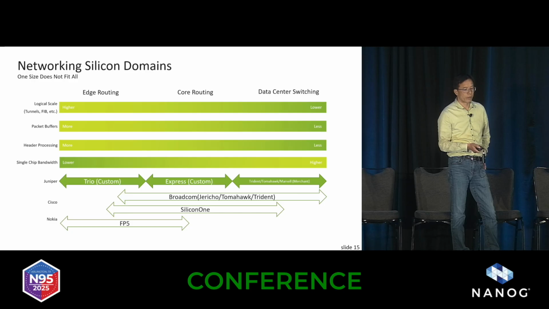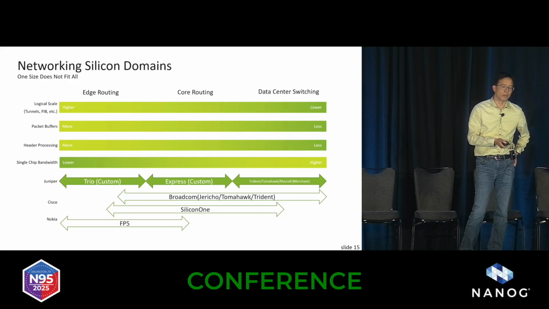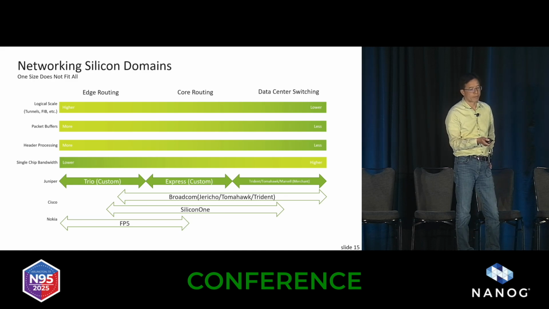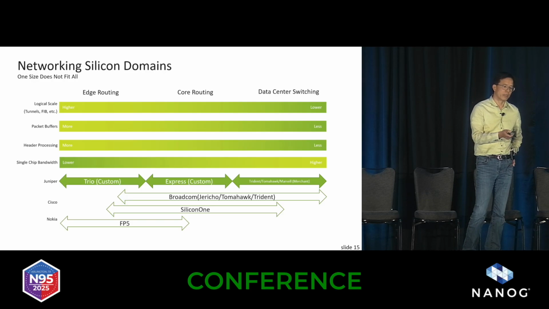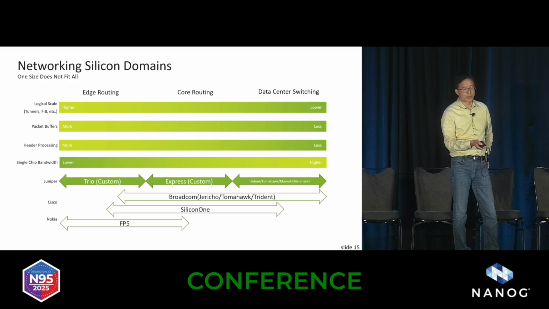So here I put a few silicons which I think are the well-known ones in the industry. Trio, which is Juniper's MX series, is based on the Trio silicon, and usually it covers the edge routing segment very well. Juniper's Express silicon product line can cover well some of the edge and also core routing.